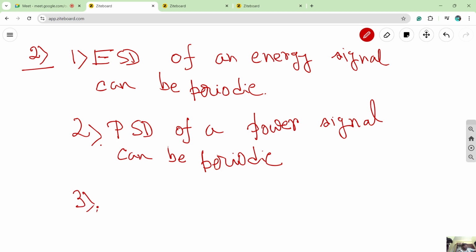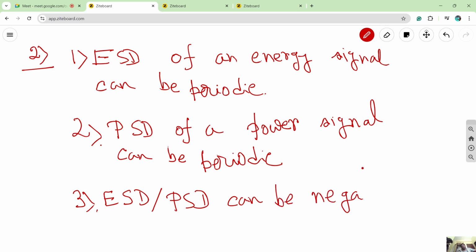Third one is, ESD can be negative. So you have to find what is the false statement here.